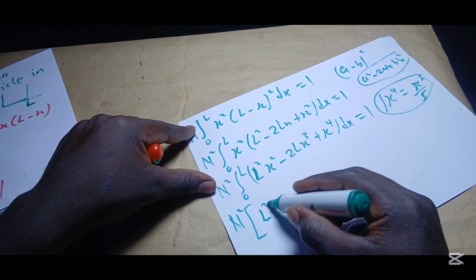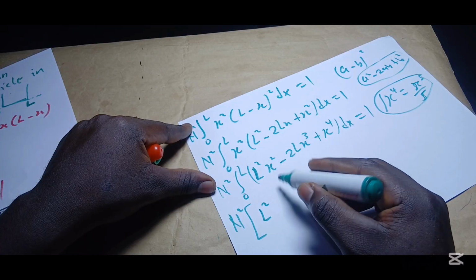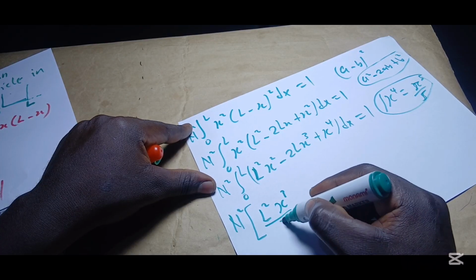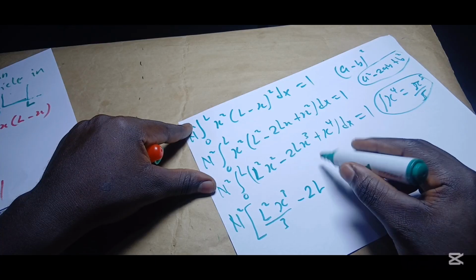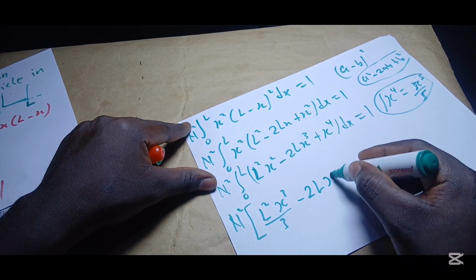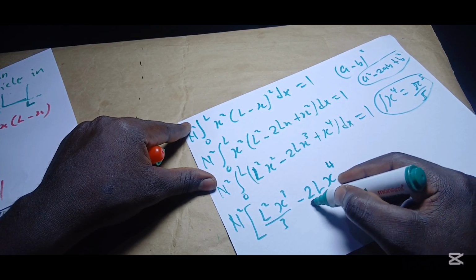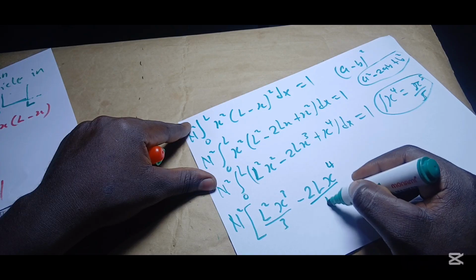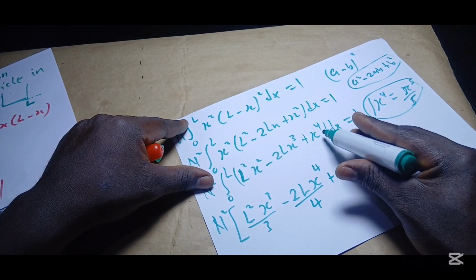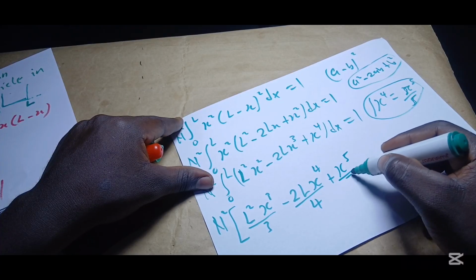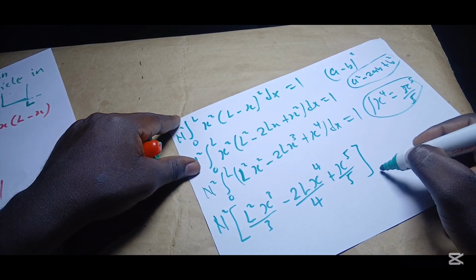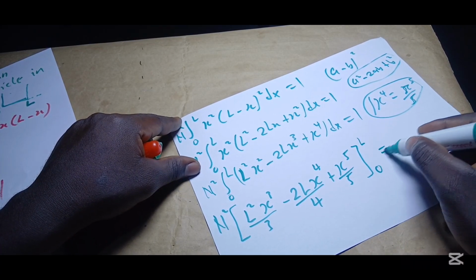So we are going to get L squared, x to the power 2 gives us x to the power 3, then we divide everything by 3, minus 2L x to the power 3. Integrating it gives us L times x to the power 4 all over 4, plus x to the power 4. Integrating it gives us x to the power 5 over 5. And our limit of integration is from 0 to L, equal 1.